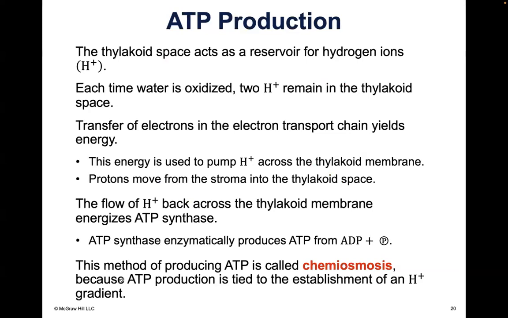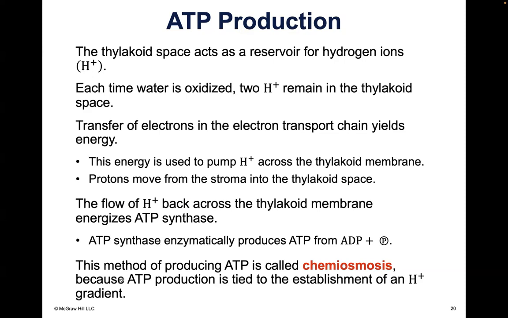Now ATP production. The thylakoid space acts as a reservoir for hydrogen ions. The thylakoid space, which we saw, helps to reserve a lot of these hydrogen ions produced when the water is being split in the light reaction. Each time the water is oxidized, 2 hydrogen ions will remain in the thylakoid space.